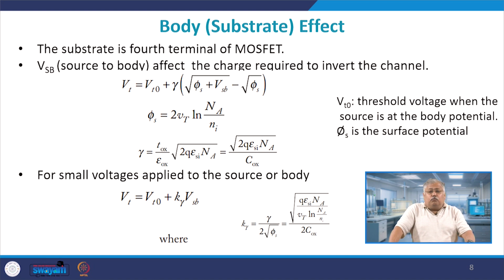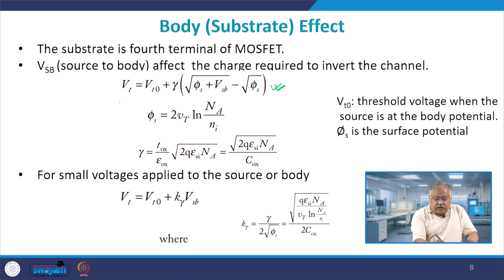Now in most cases, if you short source and bulk or you make them grounded, then this effect will not be there. But if they are not shorted or grounded, and if there is a difference between the source and bulk potential, or even gate and bulk potential, you will have this change in the threshold voltage, and that is given by this expression here.